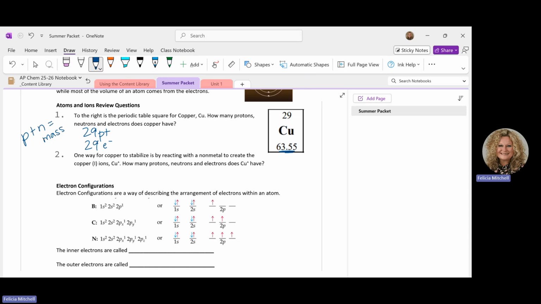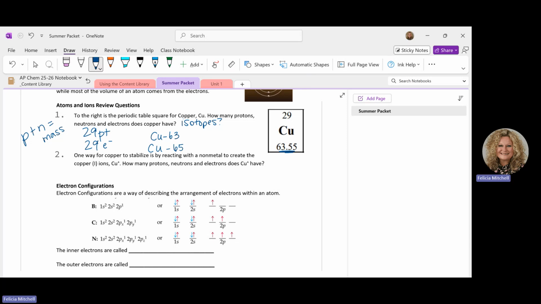The only way you could tell me how many neutrons copper has is if you knew the actual mass, some kind of rounded whole number. So you'd have to know, are there any isotopes? I'm going to give you that information. Copper comes as 63 and copper comes as 65. It does have 2 isotopes.